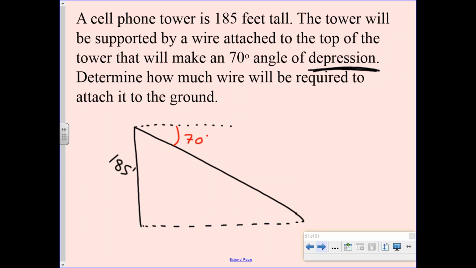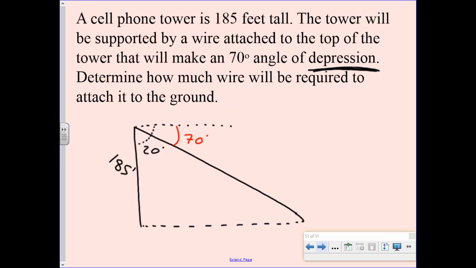Right? Because if we draw a straight horizontal, if we know this whole angle here is 90, then that means the angle up here would just be 20 degrees. Okay? Obviously, I didn't draw this very well because that doesn't look like a 20-degree angle, but drawing aside, that's kind of what's going on, right?